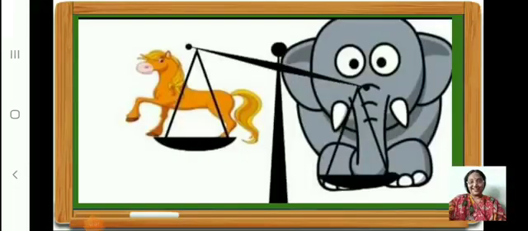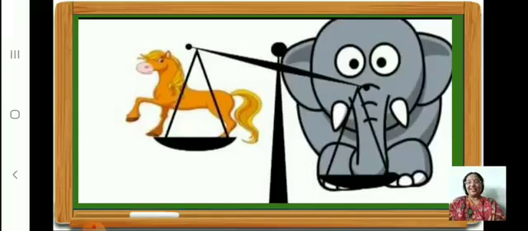Children, do you remember that I told you the heavier side of a weighing scale always moves down? See, children, as the elephant is heavy, you can see in the picture the right hand side of the weighing scale is down. Right, children?